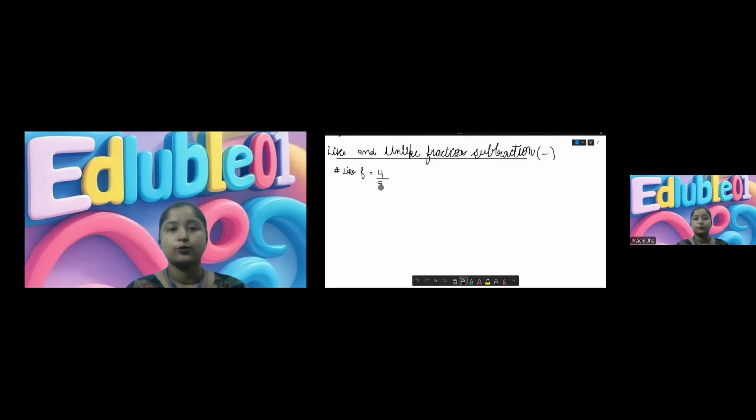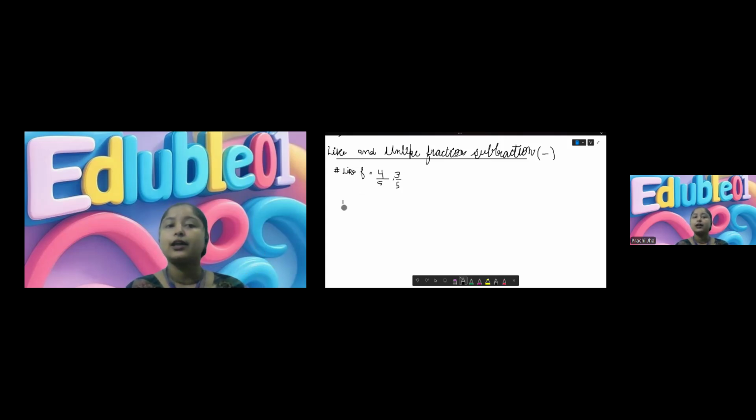For example, 4 over 5 and 3 over 5. They are both like fractions because they have the same denominator.